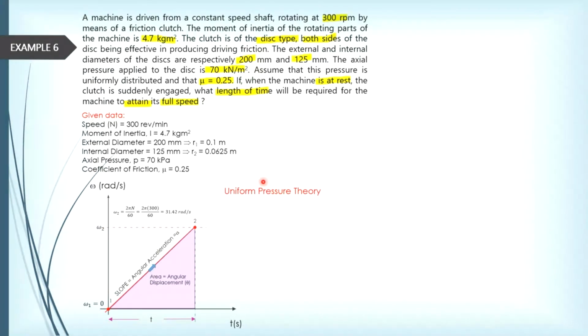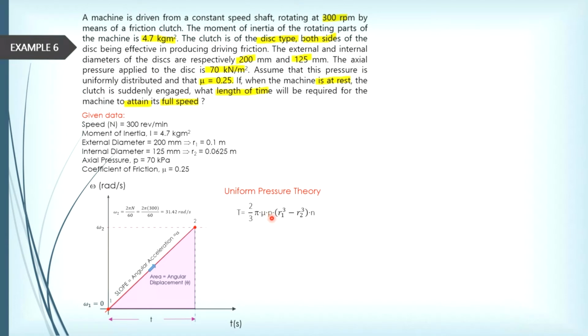Based on uniform pressure theory, the question says the pressure distributed is uniform. So you have the torque transmitted formula. This is a simplified formula.